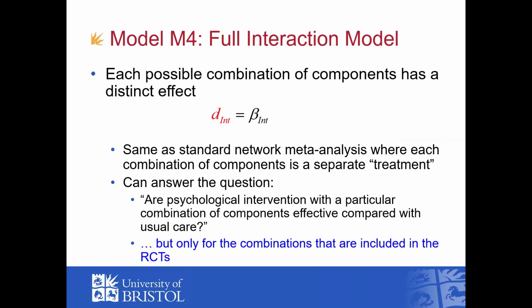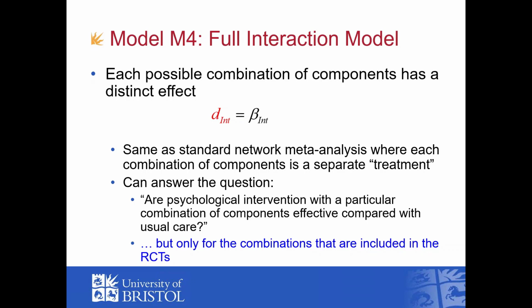The full interaction model is where we assume that each intervention has its own effect regardless. We don't allow any modelling of the components at all. We just assume every intervention has a separate effect. And that is equivalent to a standard network meta-analysis where each of the combinations of components is treated as a separate treatment. And this answers the question, are psychological interventions with a particular combination of components effective compared to usual care?